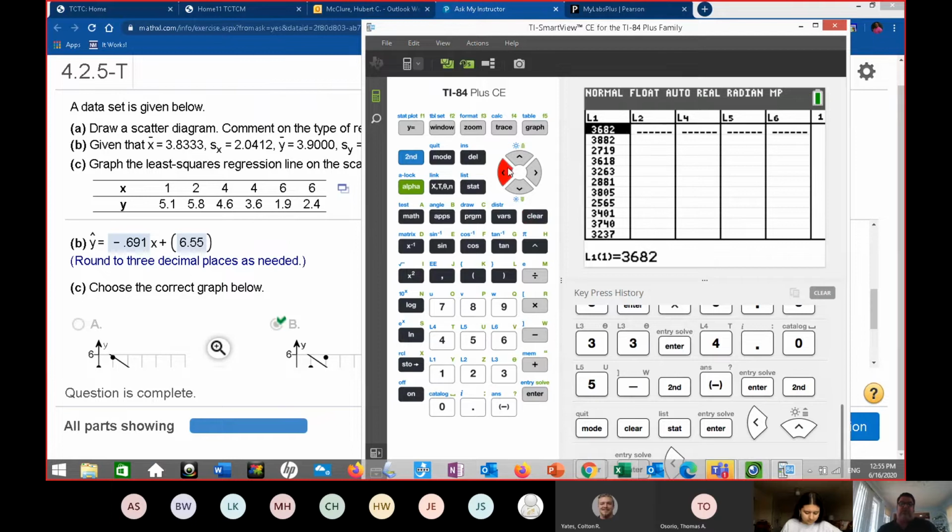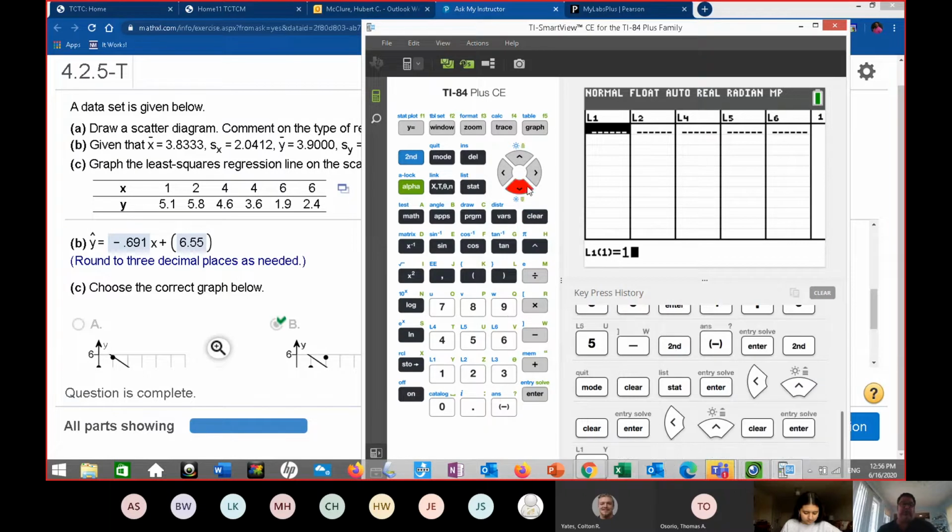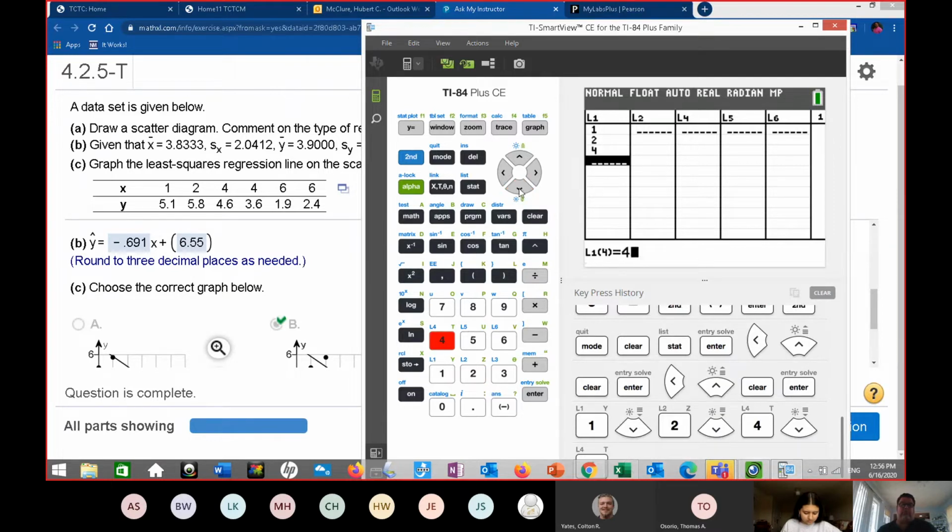When you want to clear something, go to the top where it says L1 and hit clear and hit enter, and then it'll clear the whole thing. There we go. All right, so 1, 2, 4, 4, 6, 6.